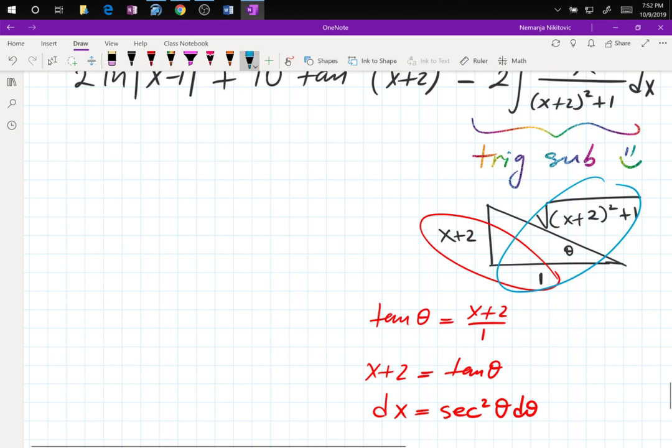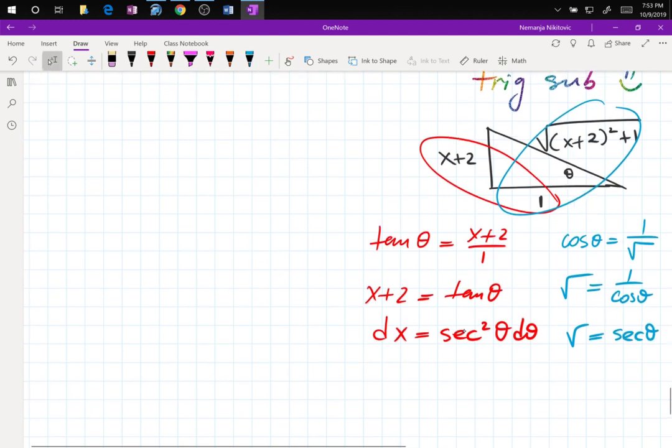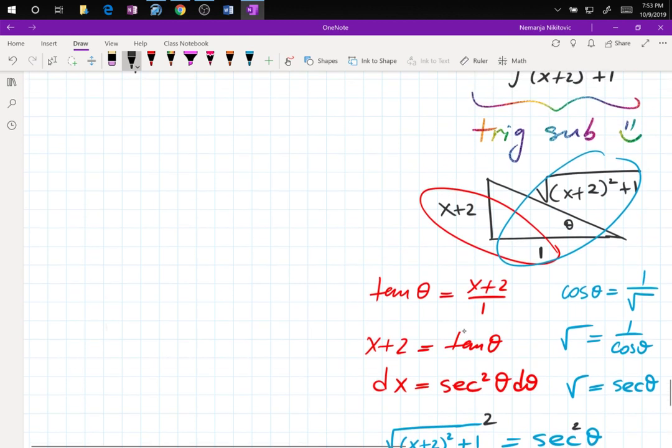The blue set is cosine theta, which is 1 divided by the square root, so the square root is 1 over cosine theta, which equals secant theta. We are not happy with the square root, so we kill the root by squaring it, which gives us secant squared on the other side.